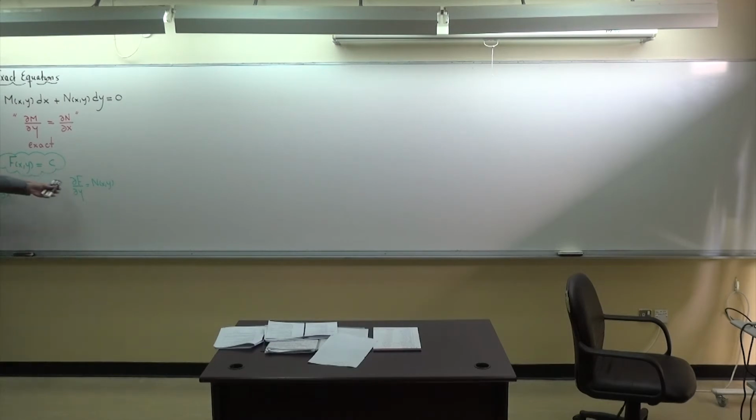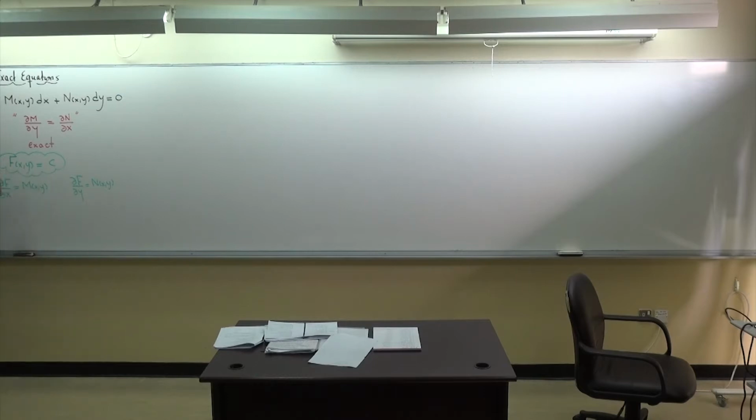From these two simple facts, we can easily solve for the function f by following three steps. Step number one, we integrate with respect to x. Because we're treating y as a constant, the constant that comes out of the integration must be a function of y.